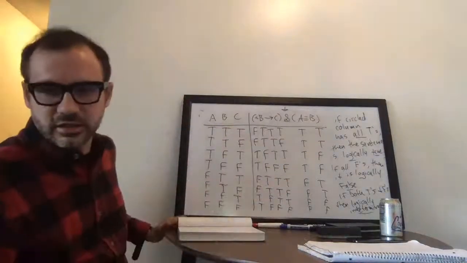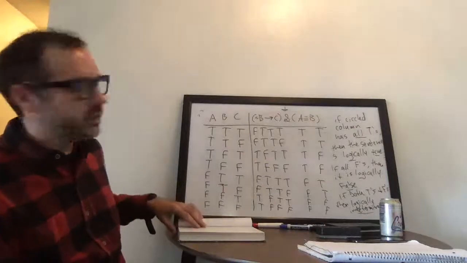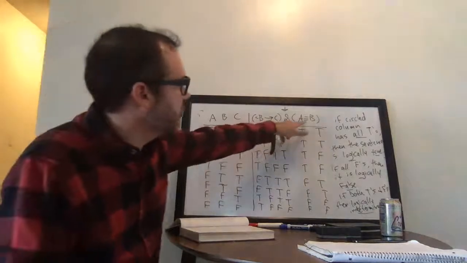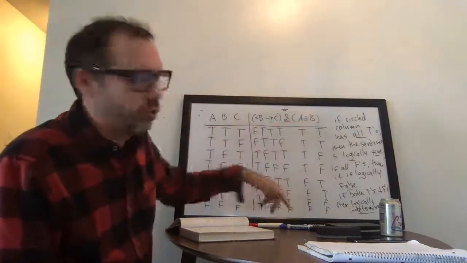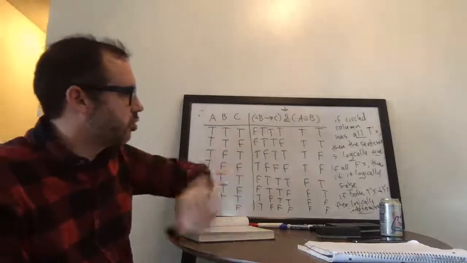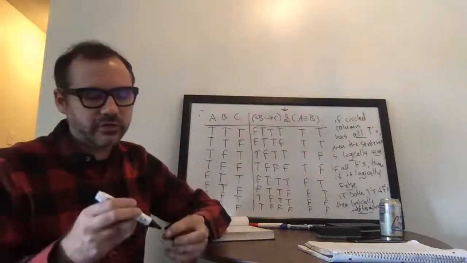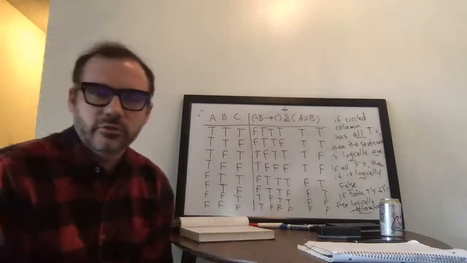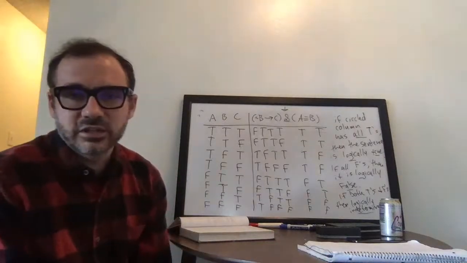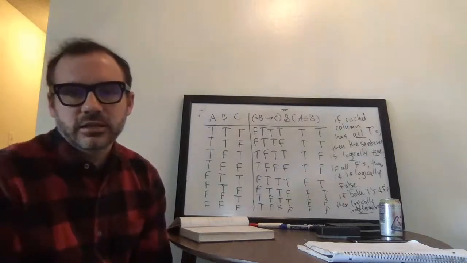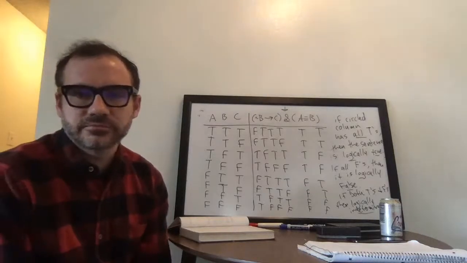But we're not yet done, okay? We're not yet done because there are still 2 more columns to fill in. So we have to now fill in under this triple bar, or you may use the double arrow, right? So that's an if and only if statement. Let's refresh our memory about the rules for the truth value of biconditionals. In what situation is a biconditional statement true?